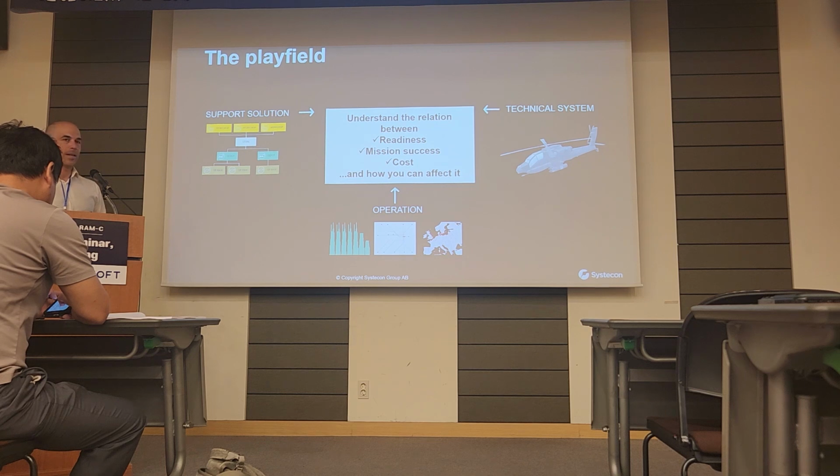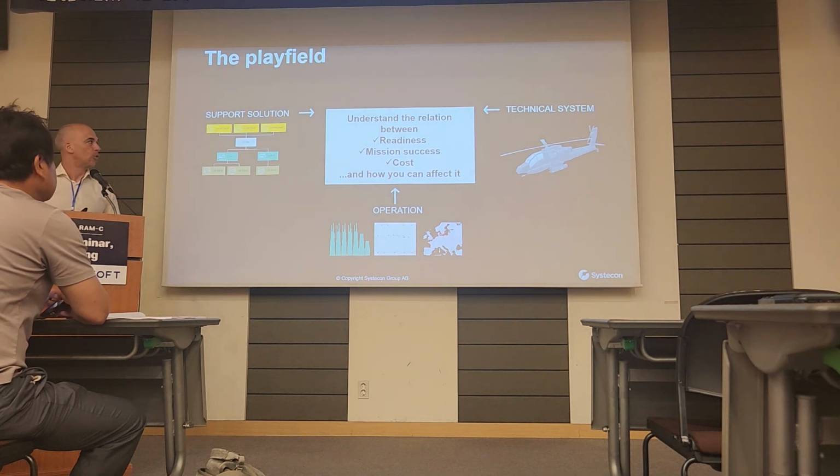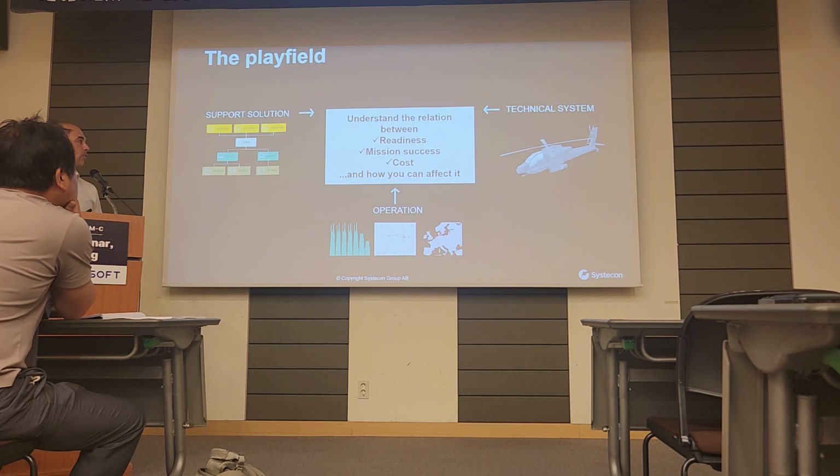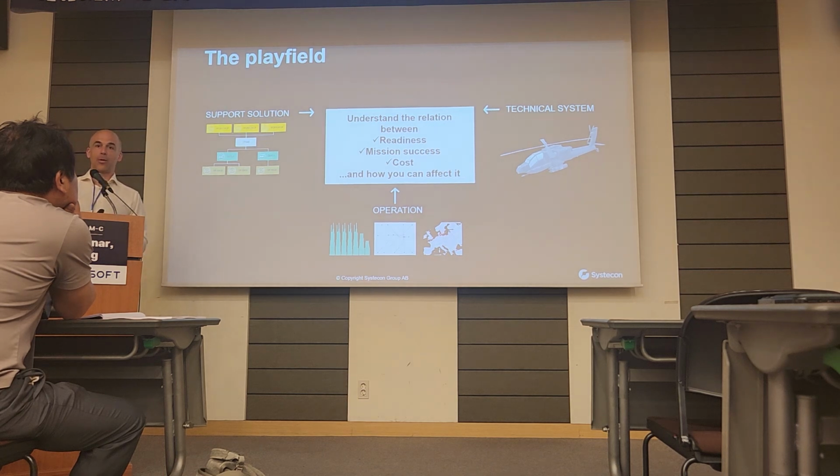They are vital in order to understand the relation between things like readiness, mission success, and cost. And they are also vital in order to understand how you can affect readiness, mission success, and cost.